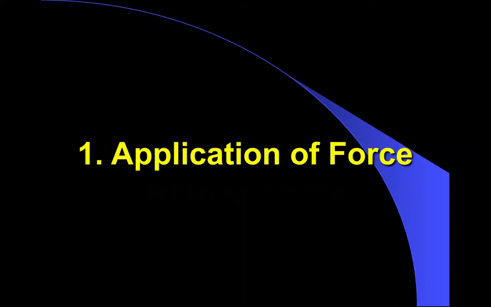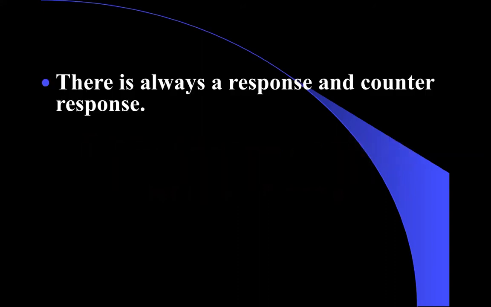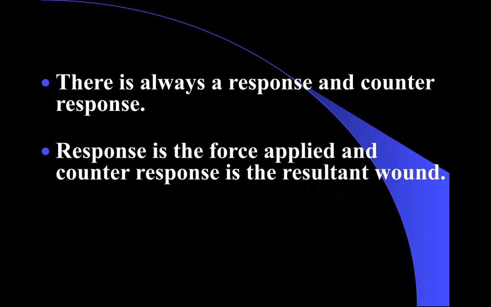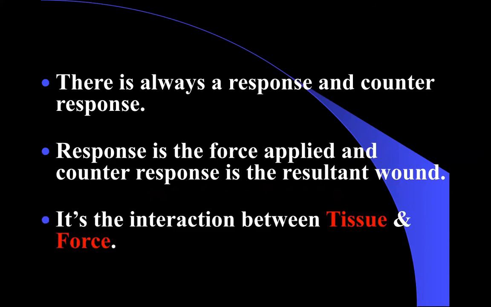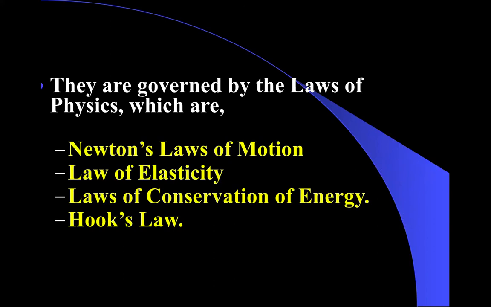First of all, there is application of force. There is always a response and a counter response. The response is the force applied and the counter response is the resultant wound. So it's the interaction between the tissue and the force, and they are governed by the physical laws, and these are the laws of motion, laws of conservation of energy, and laws of elasticity, which is Hooke's law.